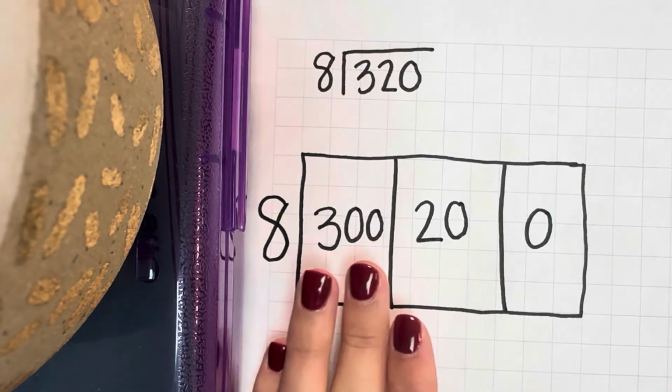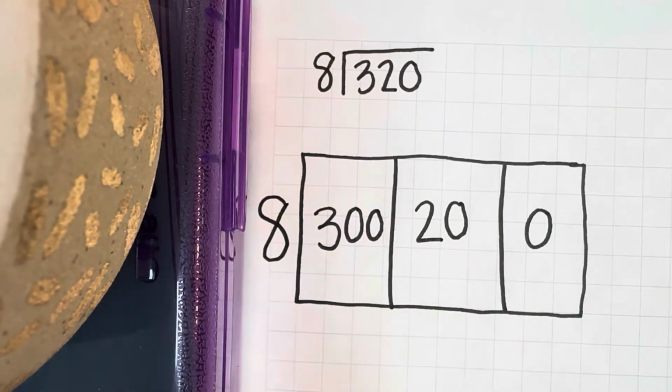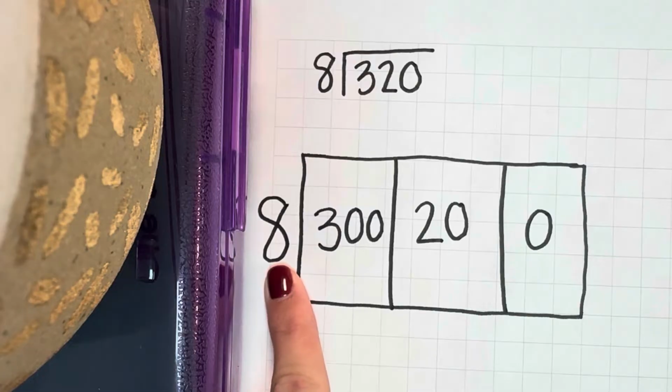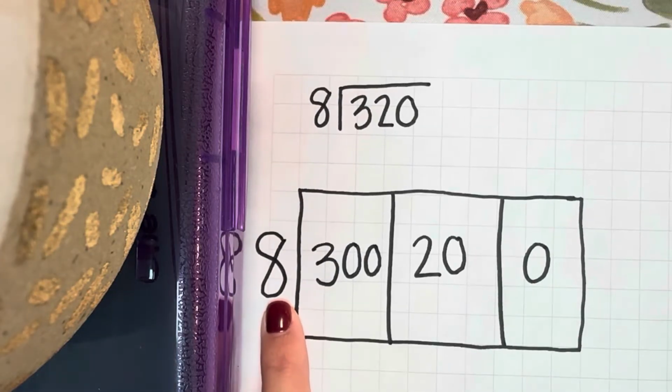So now that I have created my box, I'm going to go ahead and skip count my 8s so that I have all the numbers I might need to finish this problem.